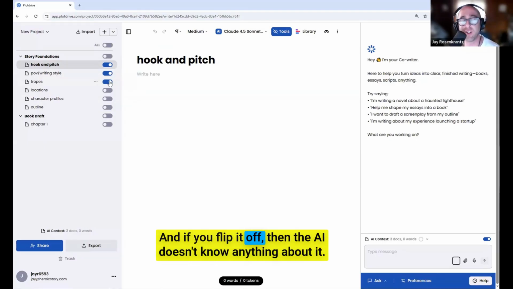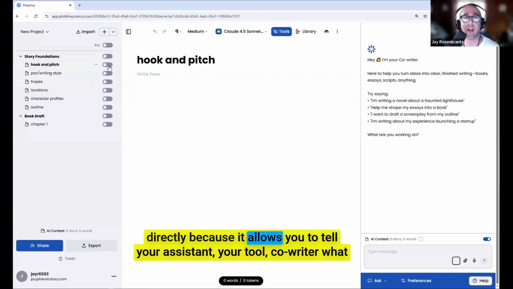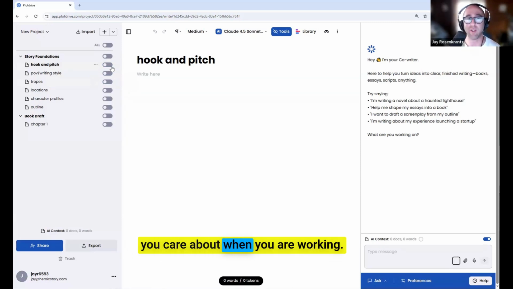And if you flip it off, then the AI doesn't know anything about it. This gives you a lot more control than apps like ChatGPT or Claude directly, because it allows you to tell your assistant, your tool, co-writer, what you care about when you are working. And it makes it very quick and intuitive.